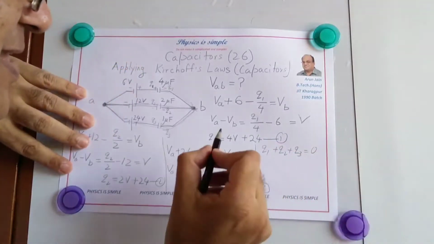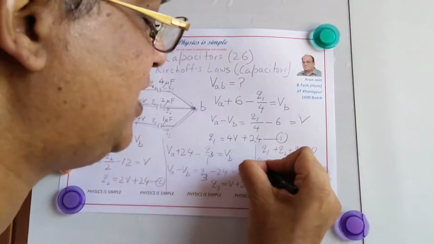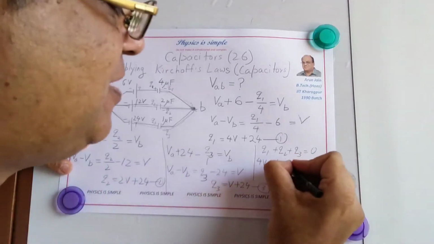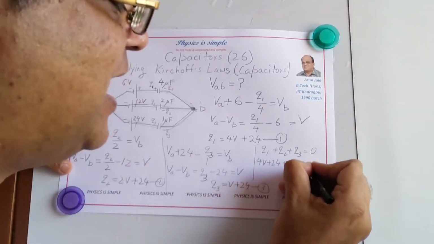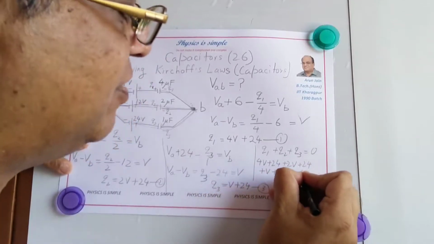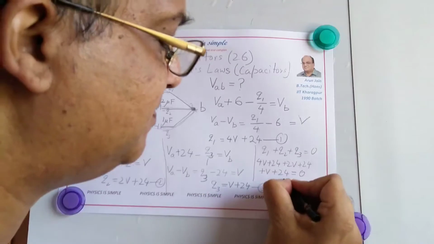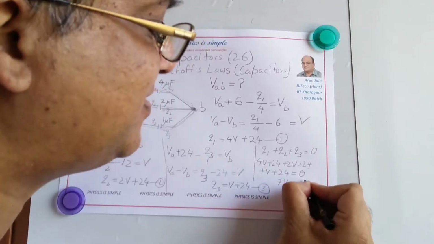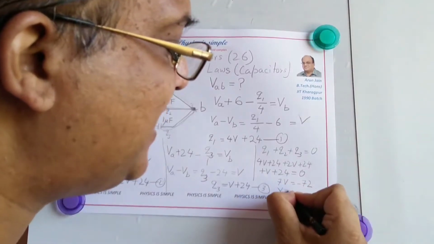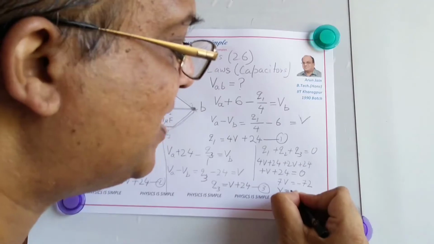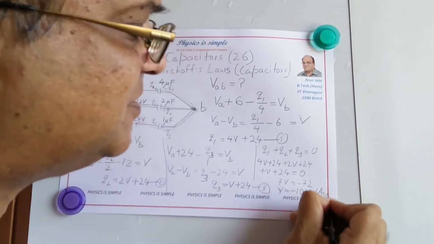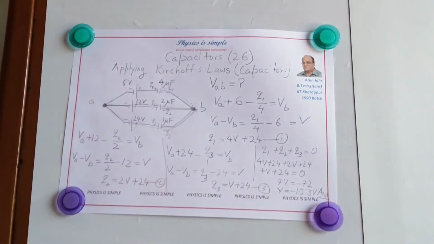That means Q1, which is 4V plus 24, Q2, which is 2V plus 24, and Q3, which is V plus 24, will all add up to 0. So we get 7V equal to minus 72. So V becomes minus 72 by 7, which is minus 10.3 volts. That is the answer. So this is how we solve this question.